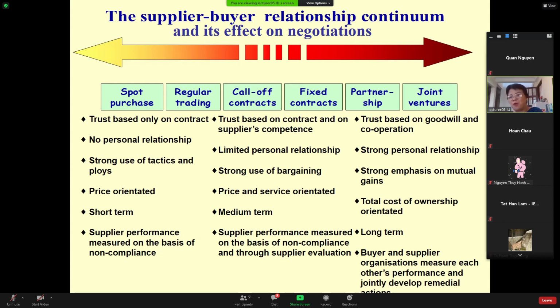Every time you do the spot buy, you need no plan, because you can find several different suppliers and different offers in the market. And you define whether it is a spot purchase, regular trading, call-off contract, fixed contract, partnership contract, or joint venture depending on how important the relationship is between the supplier and the thing you buy, given your current situation.